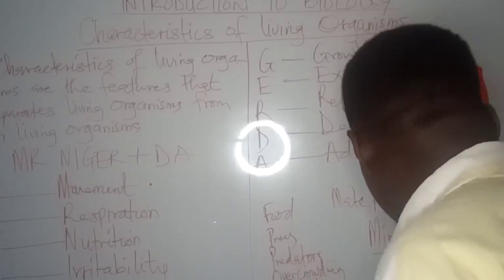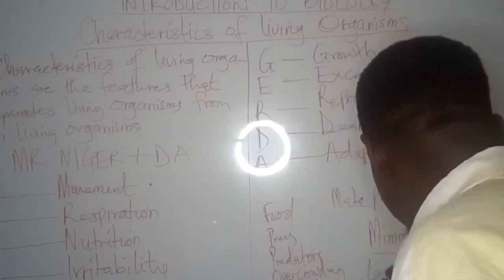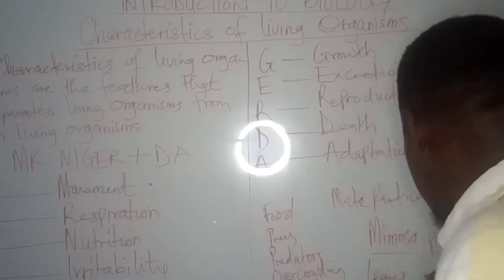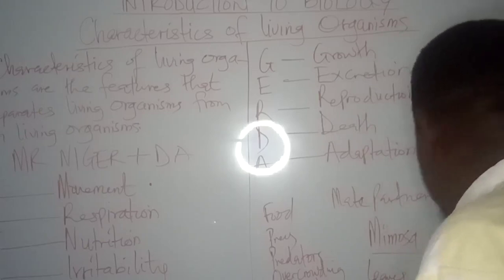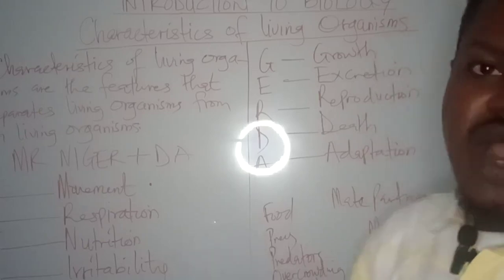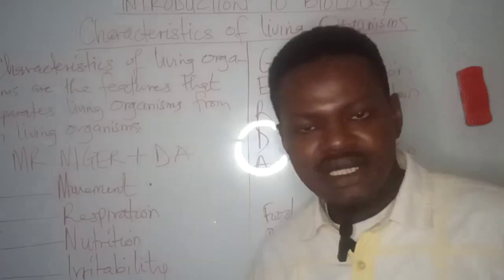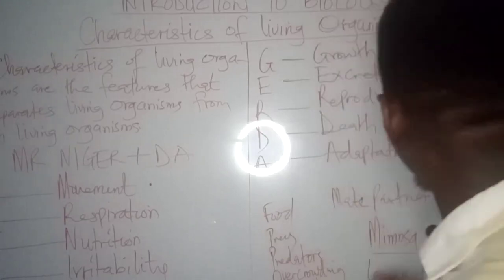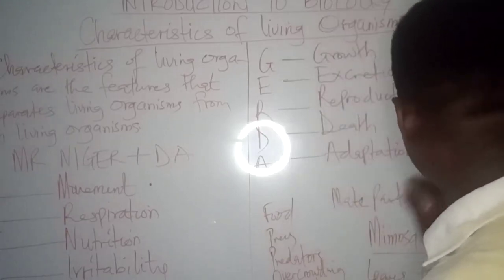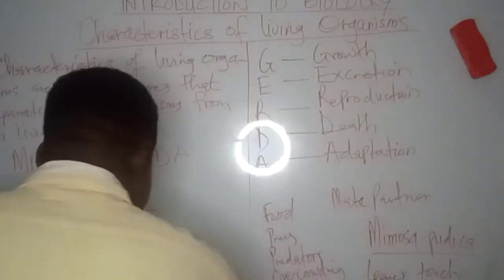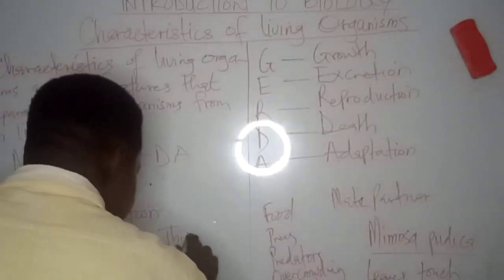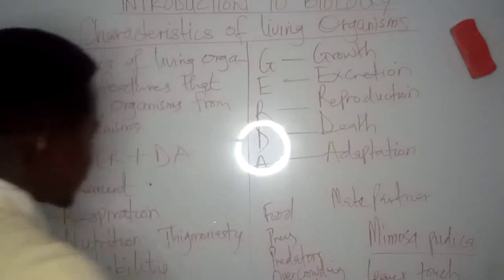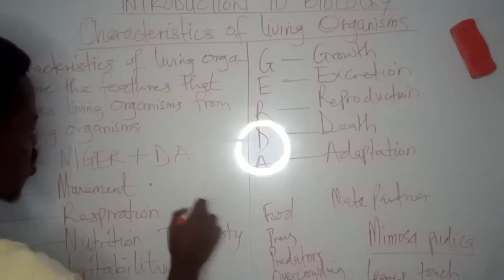They show limited movement of their leaves in response to the stimulus of touch. That is to say, when you touch the leaves of the mimosa plant, it is going to fold up. This is a special kind of movement called thigmonasty. And this movement is controlled by turgor pressure.